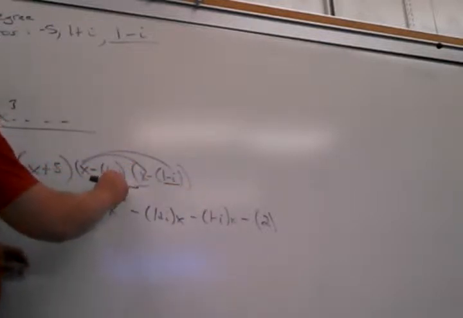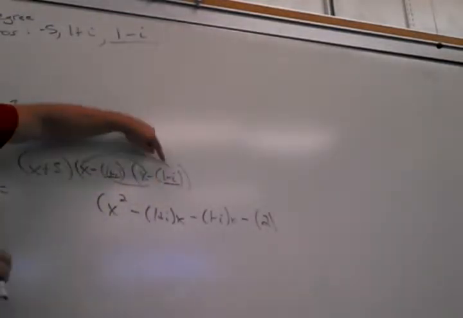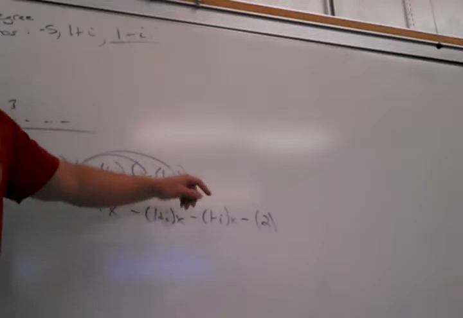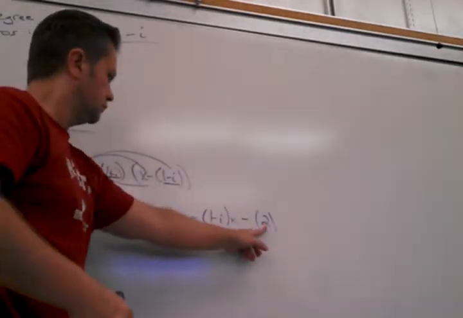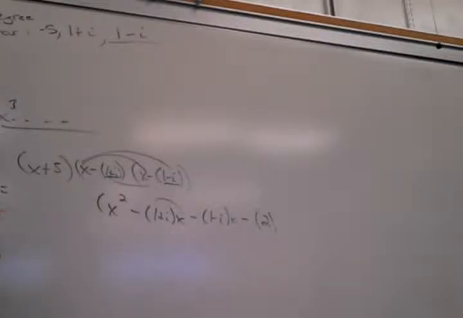But then the last one is 1 plus i, 1 minus i. That's a difference of squares kind of thing. So 1 plus 1 is 1. i times negative i is negative i squared, which is positive 1, because i squared is negative 1. So I get 1 plus 1 is 2. And I just combine the like terms together. That's not horribly fast, but it's not fantastically slow either. Right?